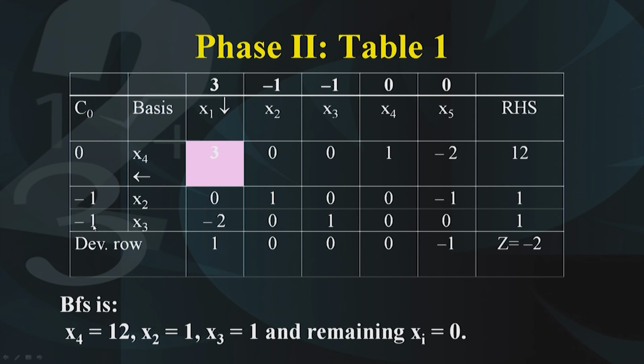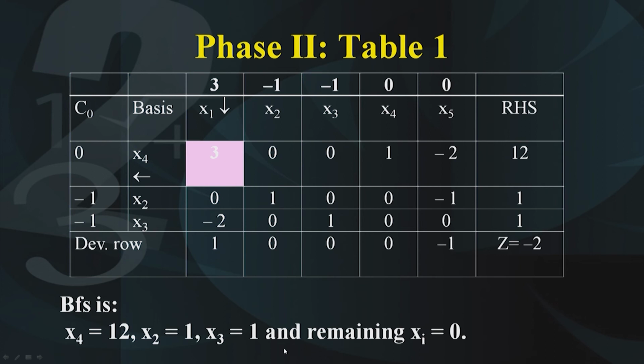Why are these different? Because they are the entries corresponding to the basic variables in the objective function, and since now we have brought back our original objective function, these entries also have to be changed. The starting BFS is nothing but the same, that is x4 equal to 12, x2 equal to 1 and x3 equal to 1 and all others zeros.